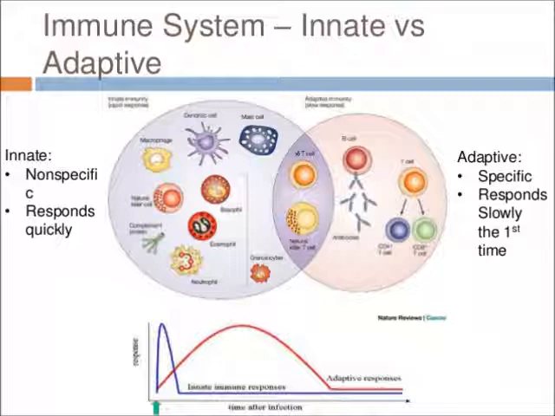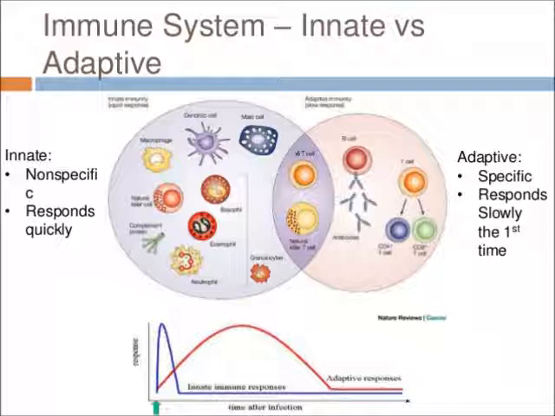So when you need something a little more specific, that's when you call in the adaptive immune system. The adaptive immune system refers to an antigen-specific immune response. This adaptive immune response is a little more complex than the innate one.